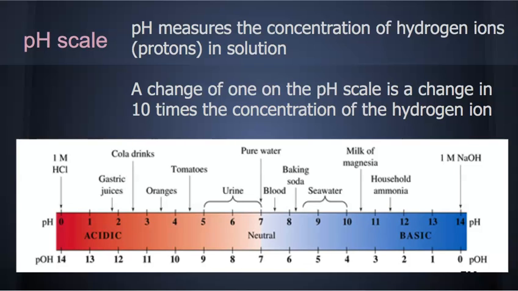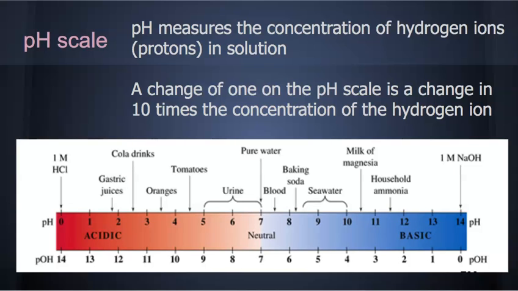So when we look at our scale here, we set it around water. Straight H2O has a pH of 7, and we call that neutral. Looking on either side of it, your blood is just a little bit basic, around 7.5, whereas urine will have a variance depending on how hydrated you are, but that uric acid will make it a little acidic.